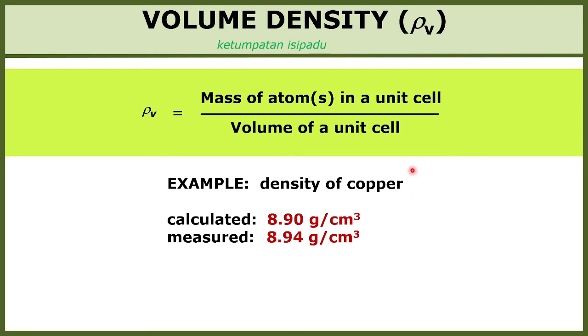For example, the density of copper: if you use this formula to calculate, you get the density of copper equal to 8.9. But if we measure it, it's equal to 8.94. Although there is some error, it is still in good agreement.